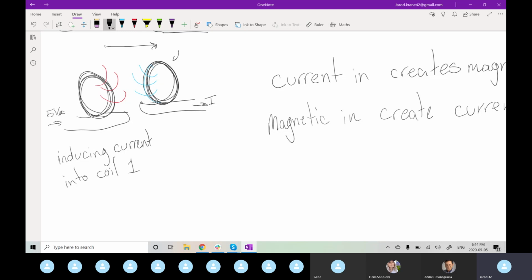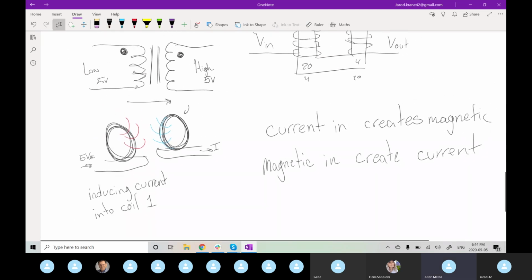A little clearer? Wait, so what was the thing about high and low? And how does that work?